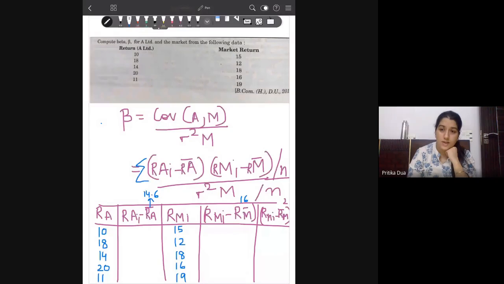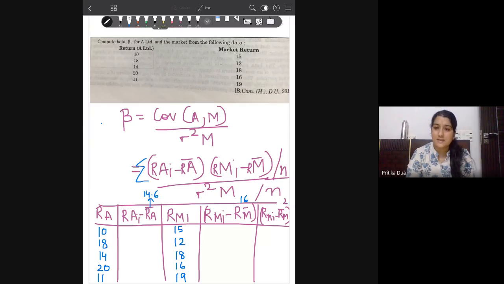So your covariance is minus 4.2. Variance of the market is 6. It's minus 21 by 5, which will be minus 4.2, and variance of the market is 6. So you are getting the answer as 0.7. Okay.